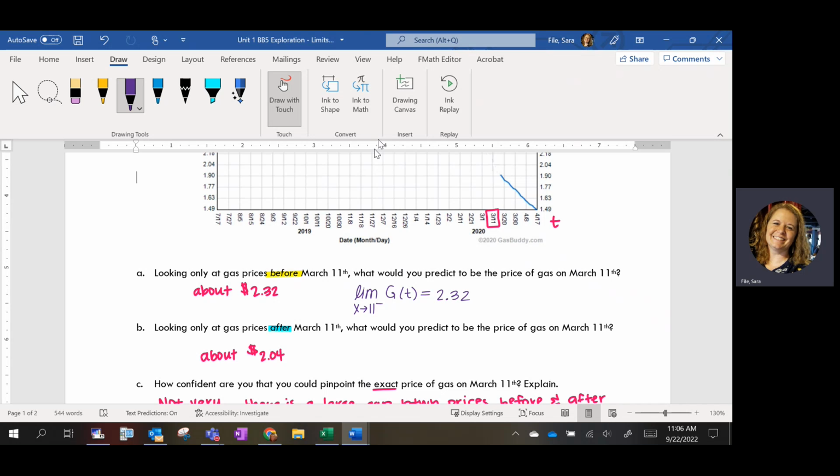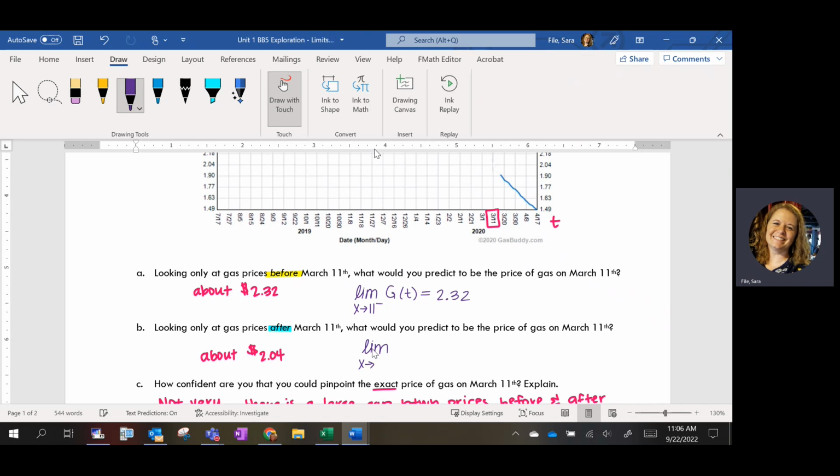We said as we look coming on the graph to the left of March 11th, everything leading up to March 11th, we think this is what it's approaching, what gas price it's approaching, and that's your y value. That's your limit. So when we were looking at the prices after March 11th, those were to the right of March 11th in the graph.